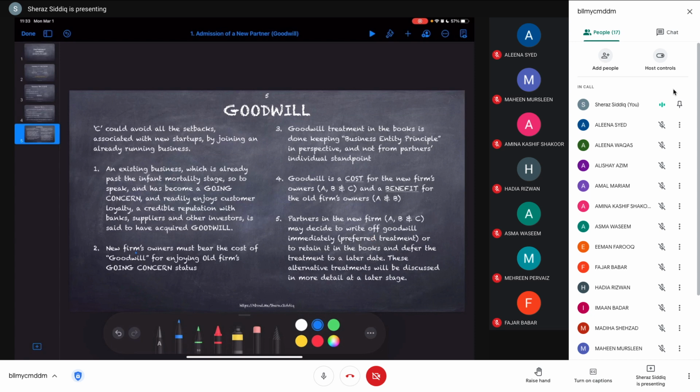We cannot avoid the goodwill treatment because that will not do justice to the partners. But if we do goodwill treatment, that is going to violate a fundamental accounting principle called money measurement. So we have to do this. That is why it is preferred treatment, that you will treat the goodwill in a way that goodwill account will no longer exist in your books. So that is exactly what we did.